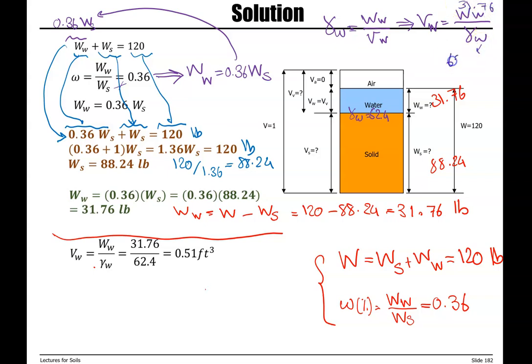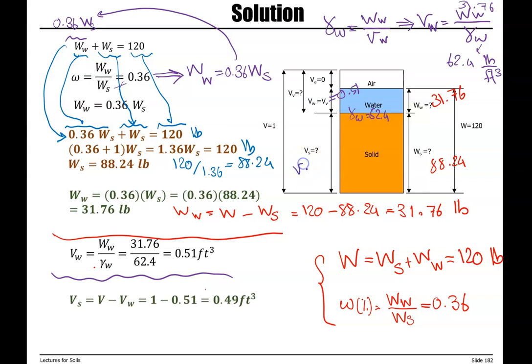Gamma W, we have 62.4 pound per cubic feet. So volume of water is 0.51, and then you can calculate volume of solids as total volume minus volume of water, which is 1 minus 0.51. Gives you 0.49 cubic feet.